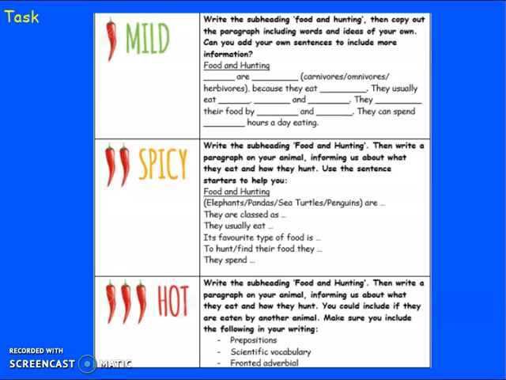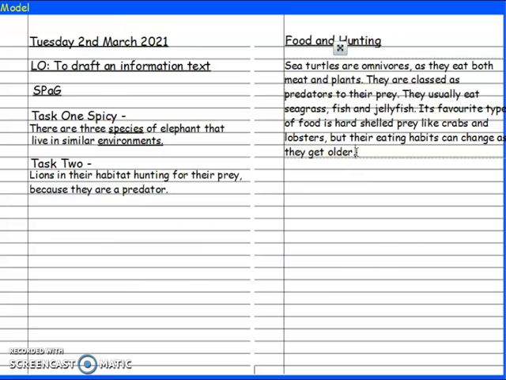Over to hunt or find their food they. So how do they do it? So to find their food, you might say hunt if they're carnivores, but sometimes they might find it if they're omnivores, if they eat plants as well. So I'm going to go with find.